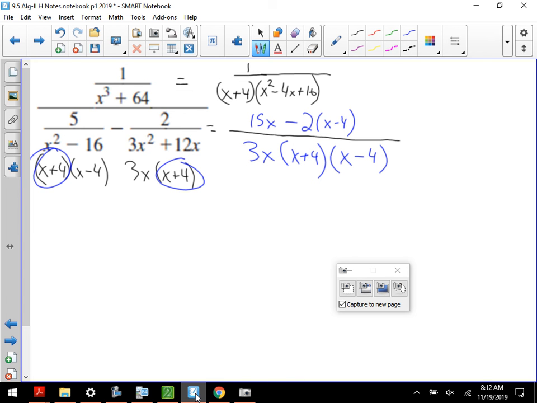All right? So that numerator, as we start to rewrite and flip things, keep, change, flip.